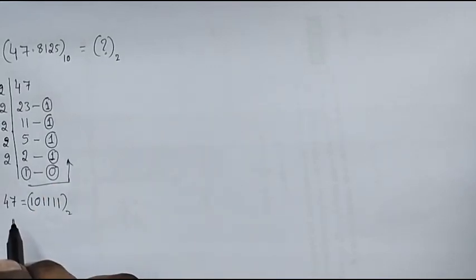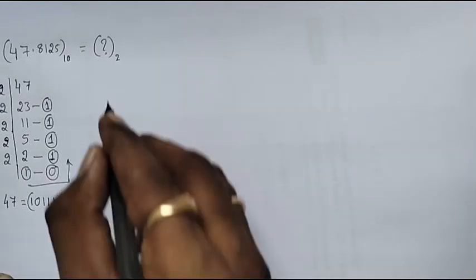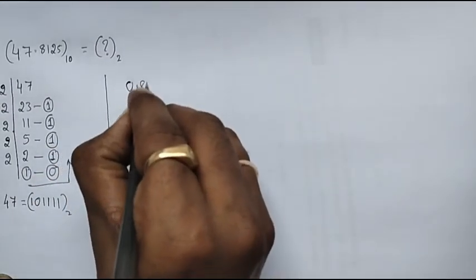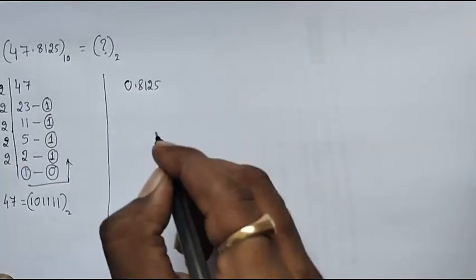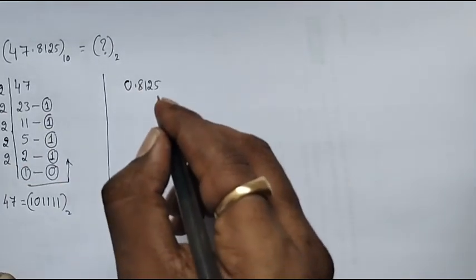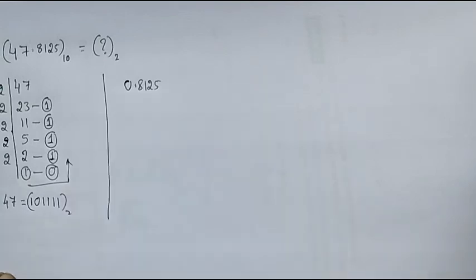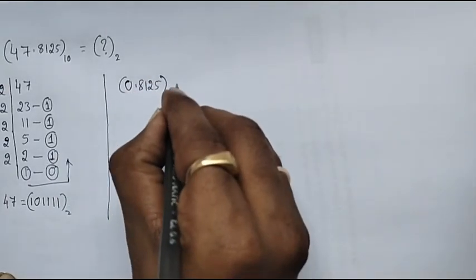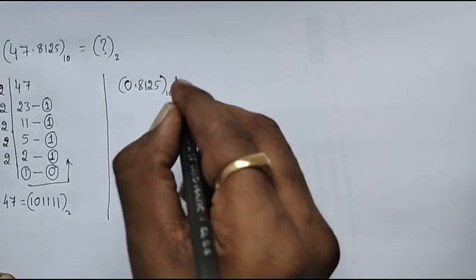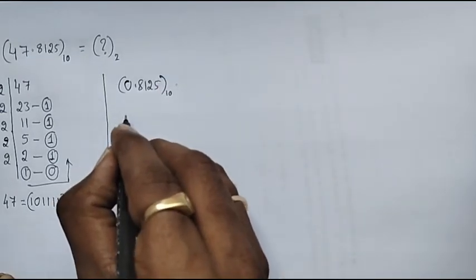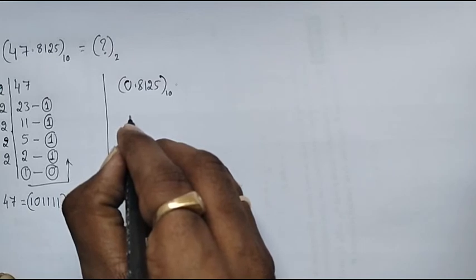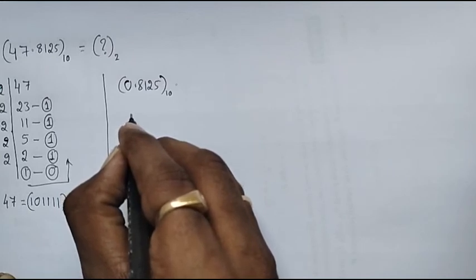Now let us see how to convert a given fraction, that is 0.8125, into binary. The fraction part will be converted into binary by repeated multiplication by 2.